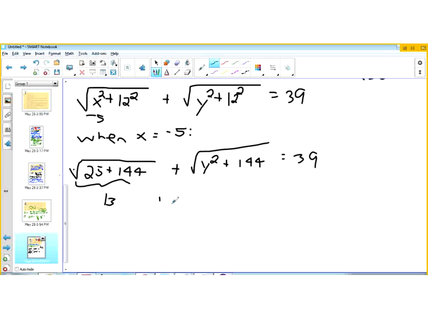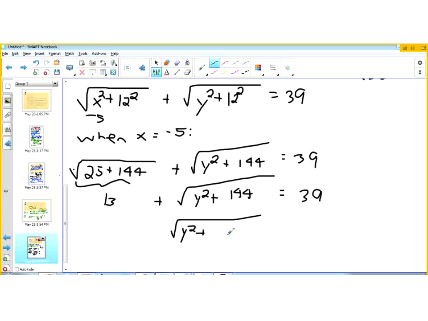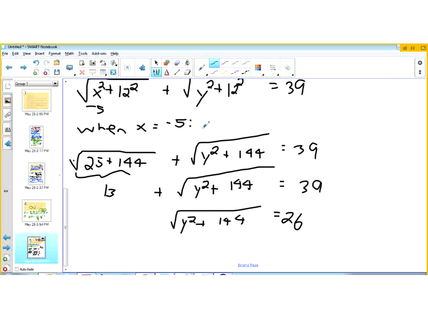The number under the first root is 169, and the square root of 169 is 13. So 13 plus the square root of y squared plus 144 is equal to 39. The square root of y squared plus 144 is equal to 26. Now I square both sides. What is 26 squared? Let me get my calculator.